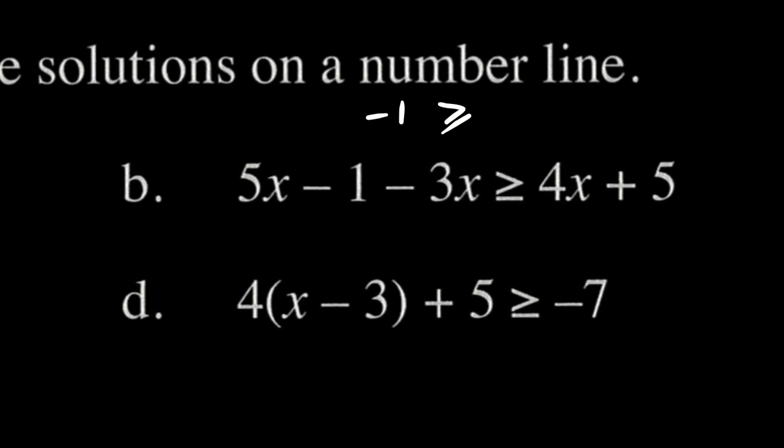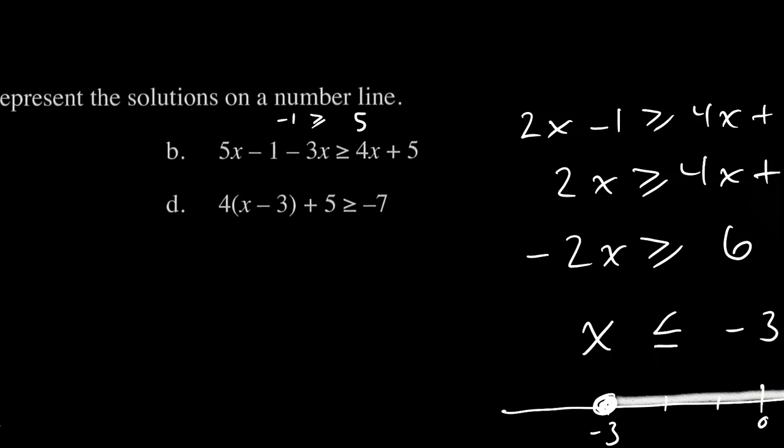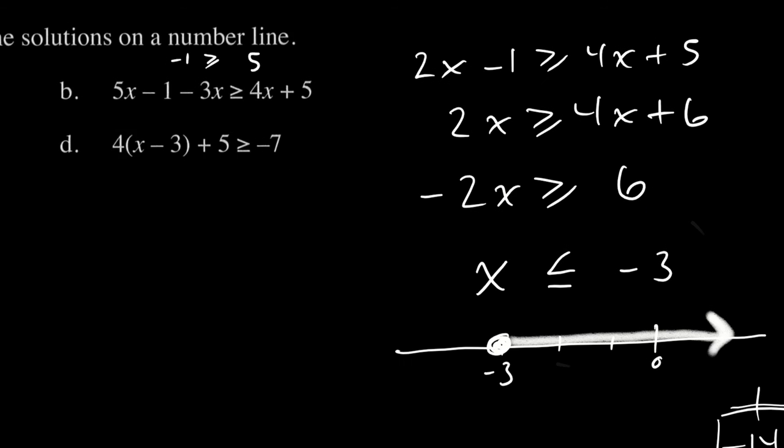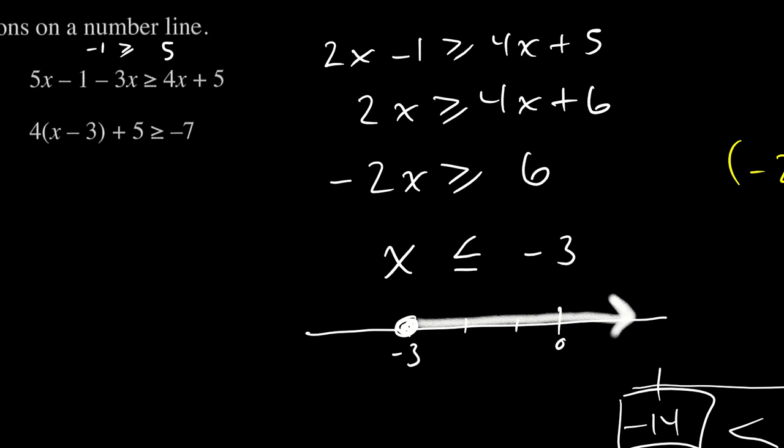Negative 1, it is definitely not greater than or equal to 5. So I've got an issue. Let's see. I began by doing 5x minus 3x is 2x. Added 1, I got 6. Took away 4, I got negative 2x. Oh, I know what I did wrong.